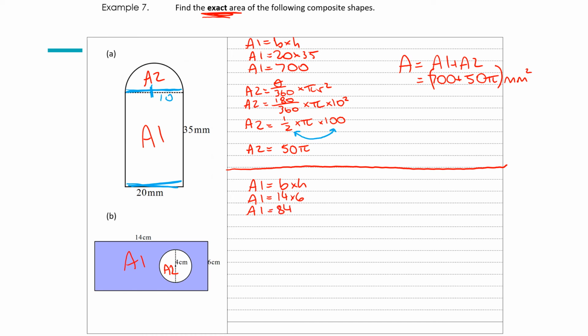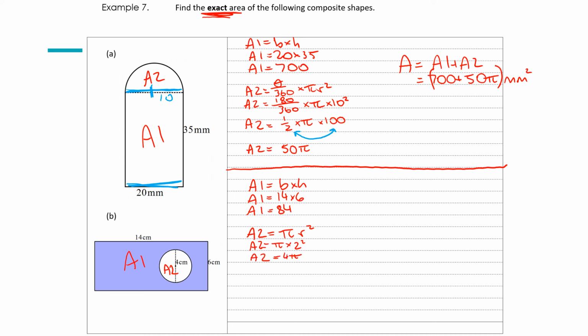Area 2 is a circle. We find the area of a circle by doing pi r squared. Now it has also given us the diameter and not the radius. So we're going to have to do pi times 2 squared. And 2 squared is 4, so it's 4 pi.